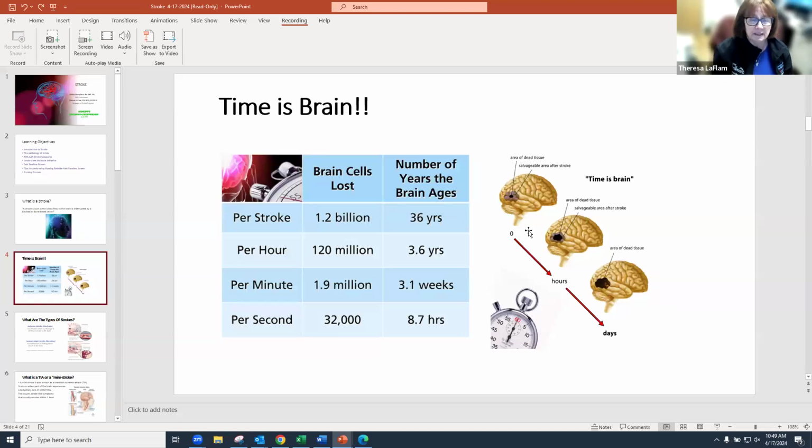But what's happening in that picture is the area around it, which is the lighter brown, is the area that's in danger. That is what we call penumbra, and it's salvageable. So that's the area that can be saved. What's happening there is the oxygen is not getting to that whole area.